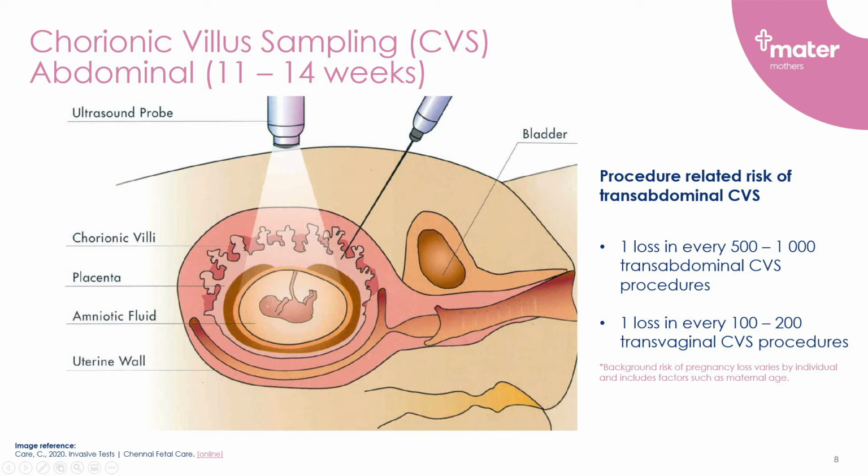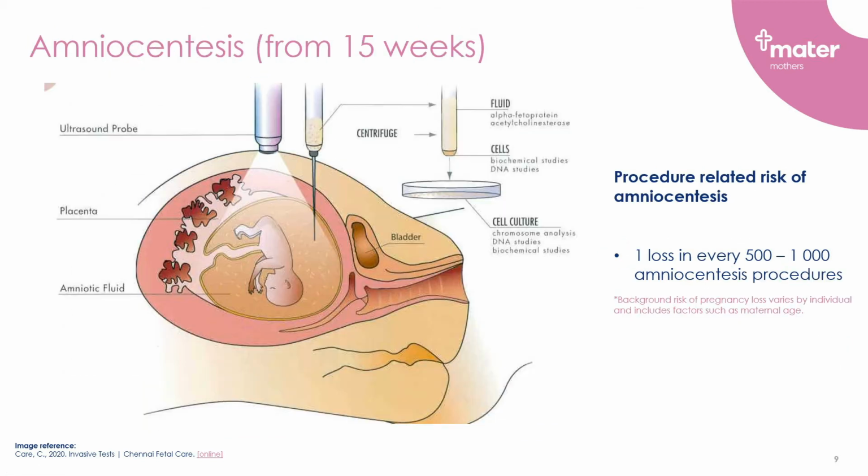Recently, a large study reported the procedure-related risks of amniocentesis and transabdominal CVS to be much lower than what we have previously been quoting. The risks now we quote for amniocentesis and CVS are the same, and we believe the most accurate figure is somewhere between 1 in 500 and 1 in 1,000 procedures for both amniocentesis and transabdominal CVS.